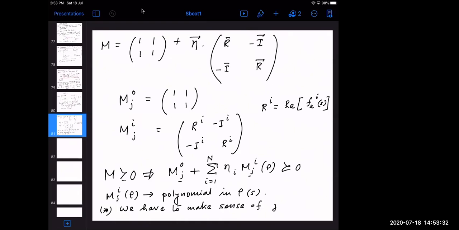J index. So the way this is done, I mean, what is this J? It's in this sense.